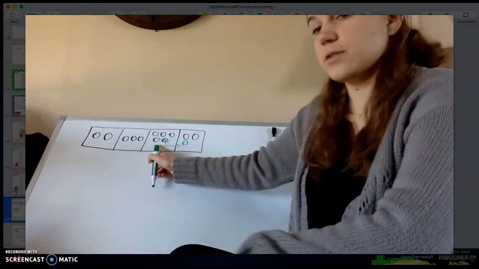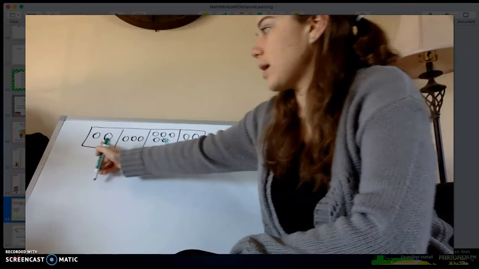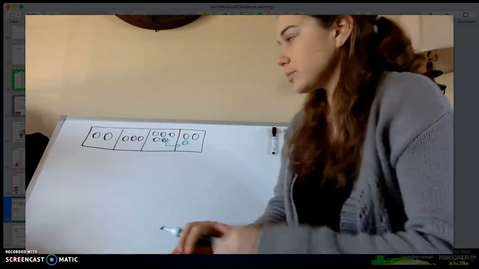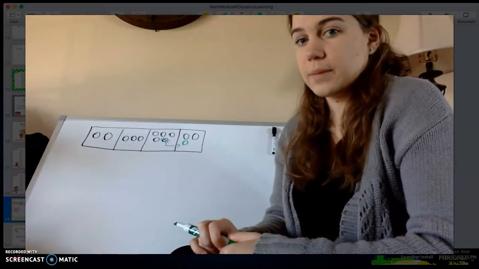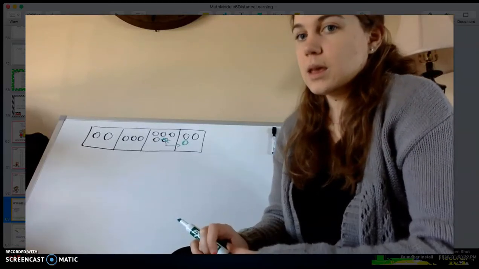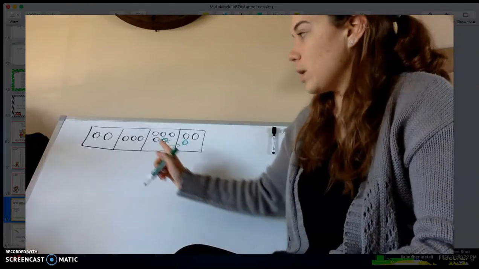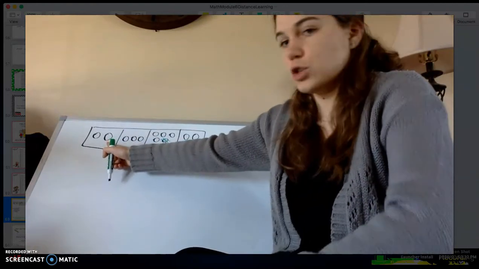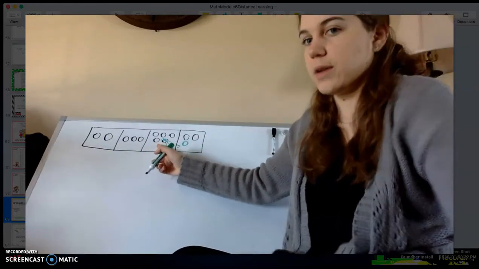This one now has 4. This one has 3. And this one has 2. Now, 2 of our groups have 3. So let's try and make them all have 3. What can we do to make this one, our 2, get 3, and our one that has 4 get 3?